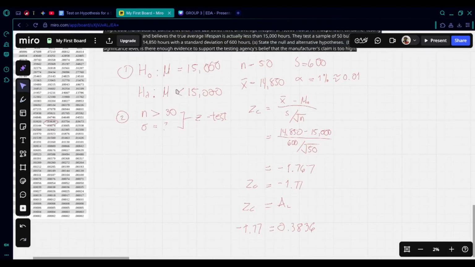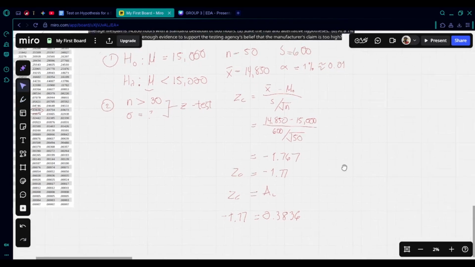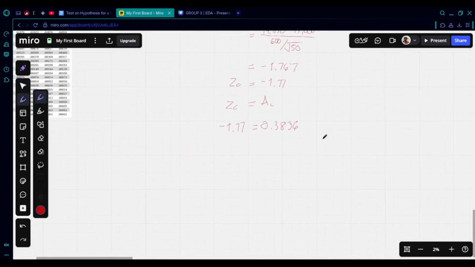Since the mean is less than 15,000, we will be using a left-tailed Z test.